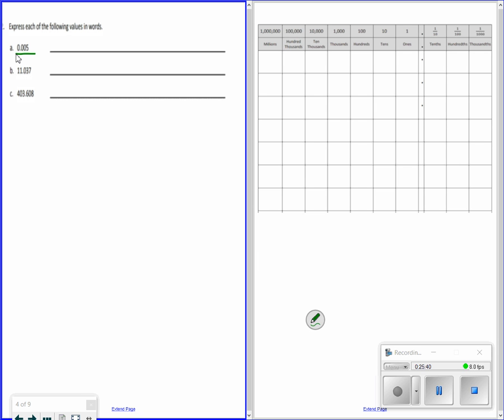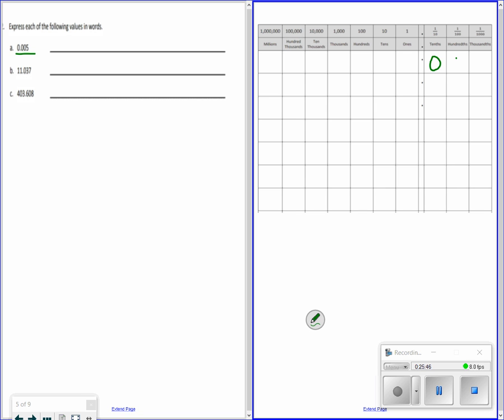So I have a decimal 0, 0, 5. I'm writing it exactly like it is there. I don't have to really put that there, but I did. So if you write it exactly like it's written, it'll help you with your word form, okay?